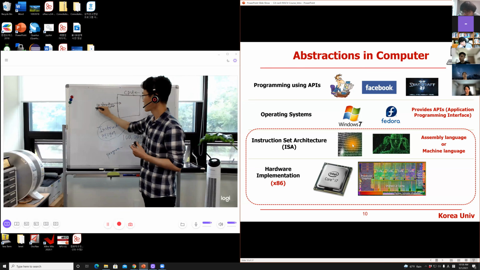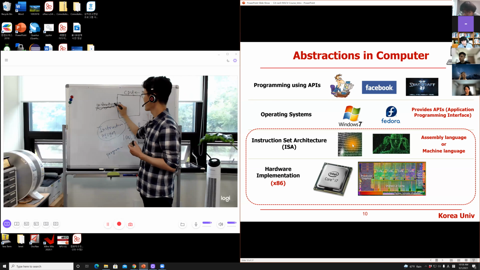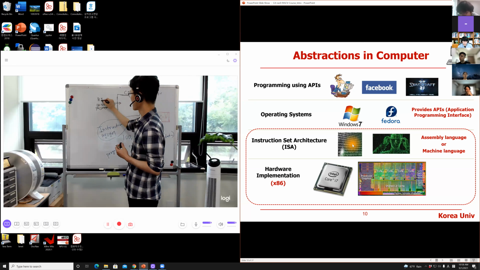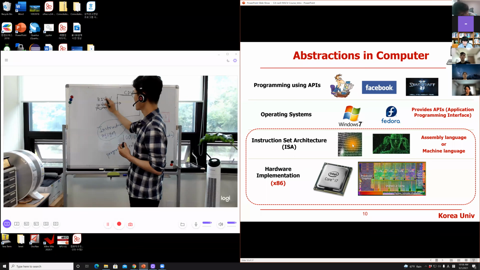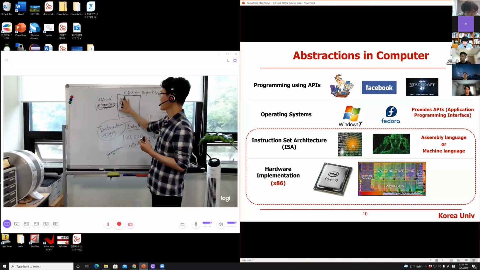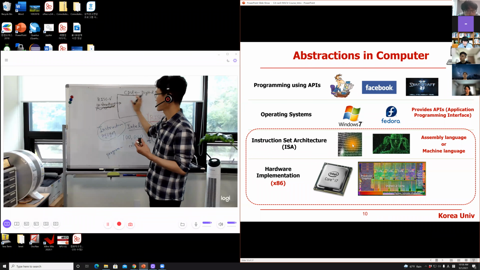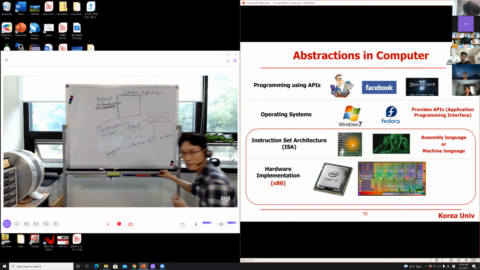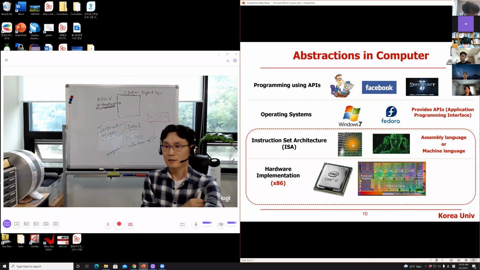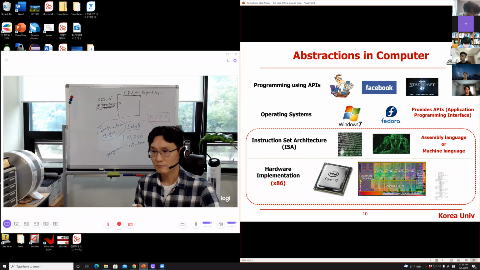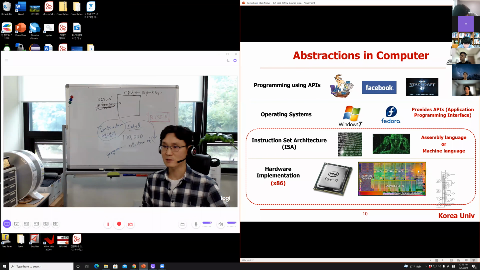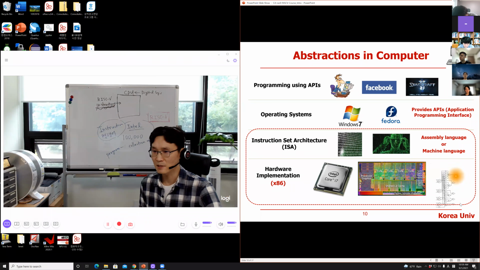We are going to spend roughly 4 weeks understanding RISC-V instructions. Then later on, I'm going to show you how to design a CPU so that it can execute those instructions. To design a CPU, you have to have some background, right? Some digital logic detail.